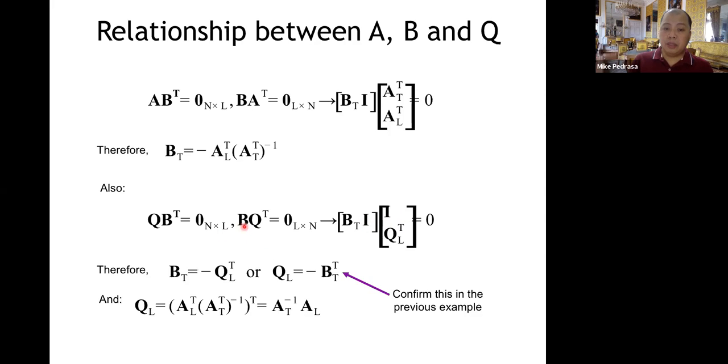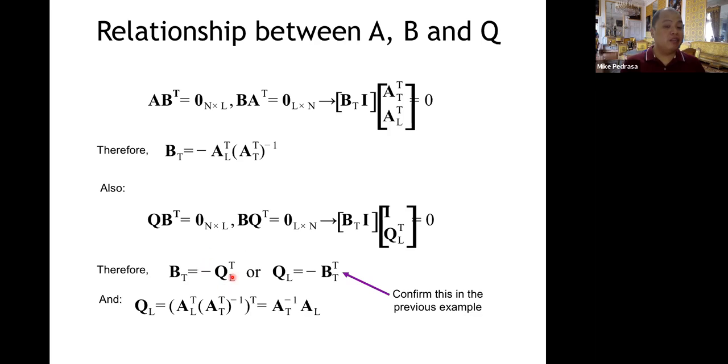And for Q, you have Q sub P and Q sub L, but Q sub P is also an identity matrix. If you multiply them, after a few manipulations, this is what you will get: B sub P is equal to the negative of Q sub L transpose.